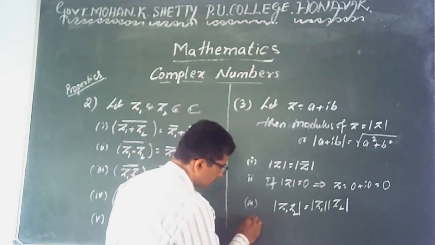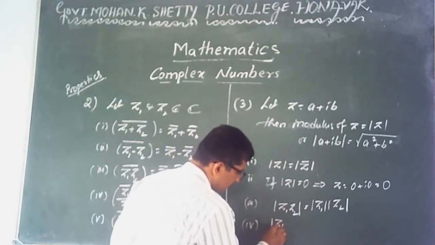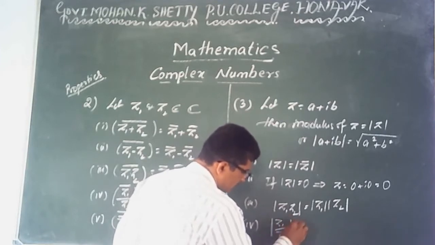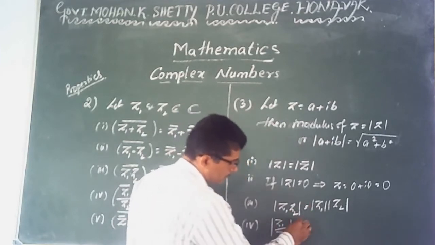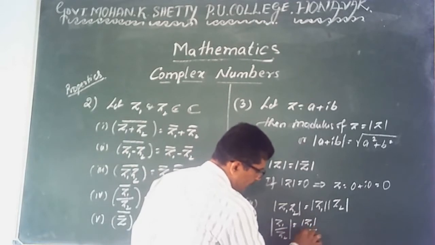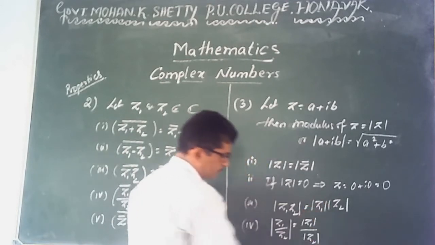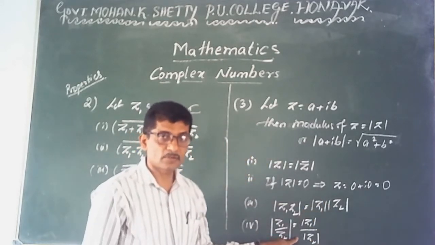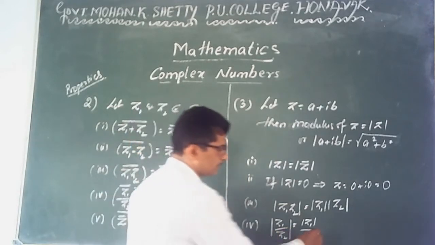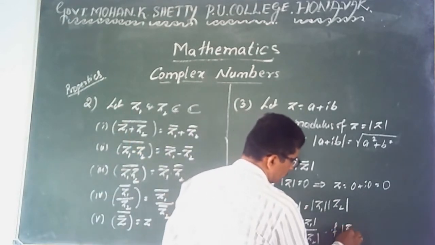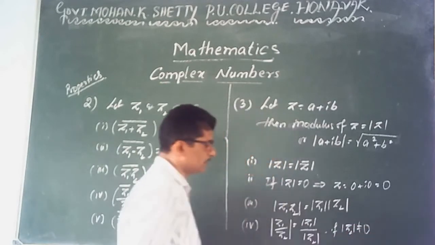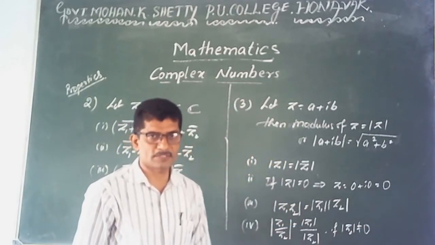And the fourth one, modulus of z1 divided by z2. The proof is not necessary, not in your syllabus. It is mod of z1 divided by modulus of z2, where modulus of z2 is not equal to 0. Remember, mod of z2 is not equal to 0 means z2 is not equal to 0.